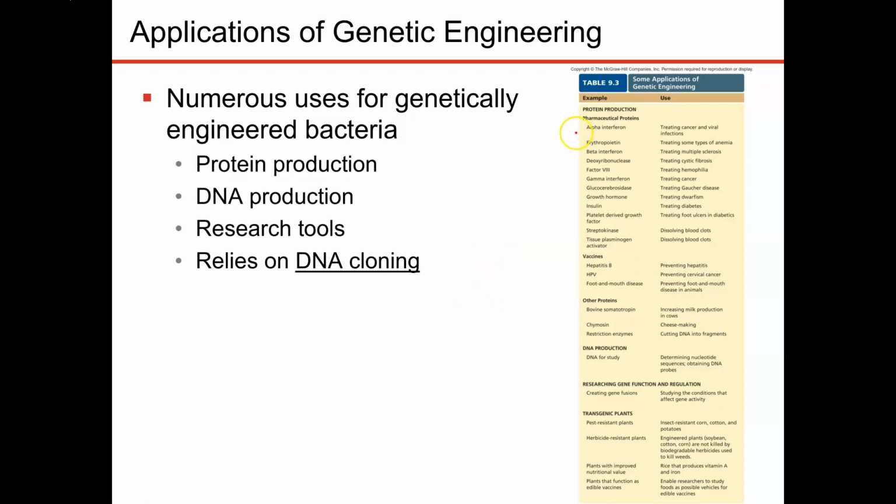If you look here, all of these can be used to treat different disorders. Genetic engineering for vaccines, more proteins, DNA production so we can study things. And then we have transgenic plants, transgenic animals, all down here, and of course cloning organisms and cloning DNA.